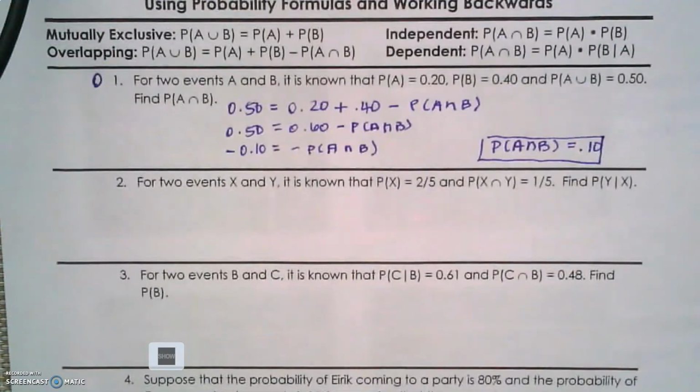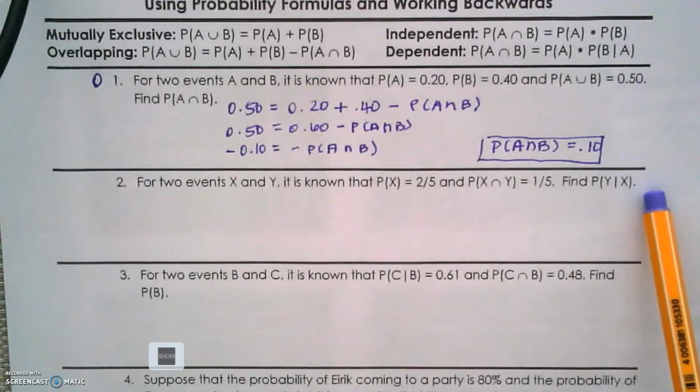Alright, for the events X and Y, we have the probability of X, we have an intersection, and we have the given, which is dependent, which is also a conditional probability.